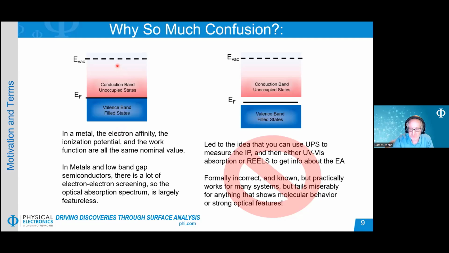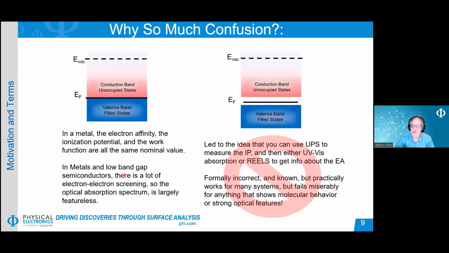Well, there's no band gap, but it ends up being the same. And in low band gap semiconductors or highly doped semiconductors, there's also a lot of electron screening, and so the physical information between the two experiments ends up being very, very similar.